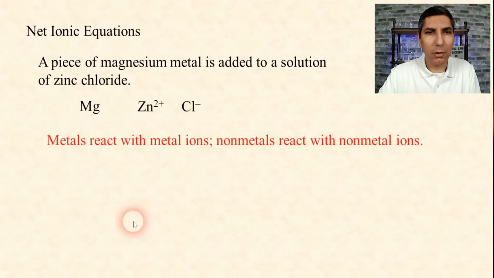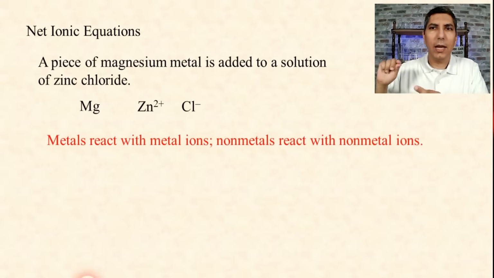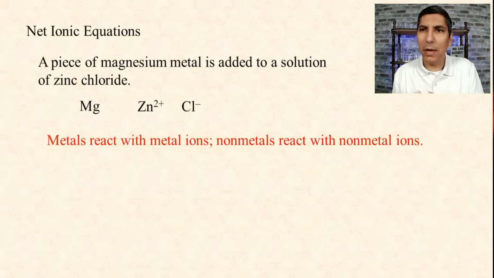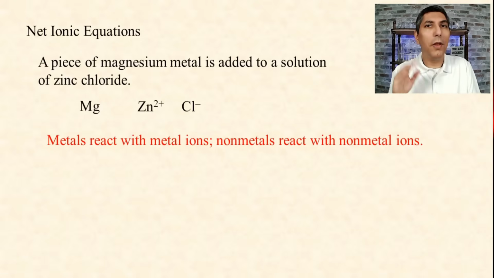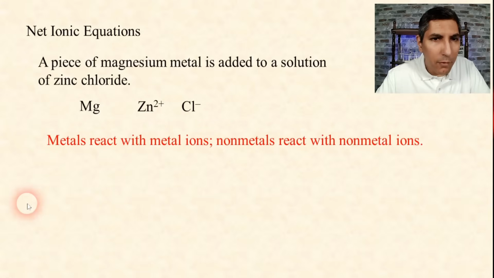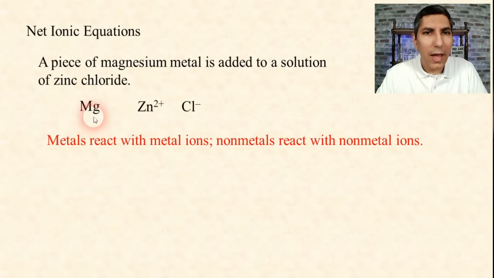Now, we have to remember that generally speaking, if we have ions and metals mixed together, metals are going to react with metal ions. And likewise, if you ever have a nonmetal, the nonmetal is going to react with nonmetal ions. Well, in this problem, we have a metal, which is the Mg, and we have a metal ion, which is the Zn2+.